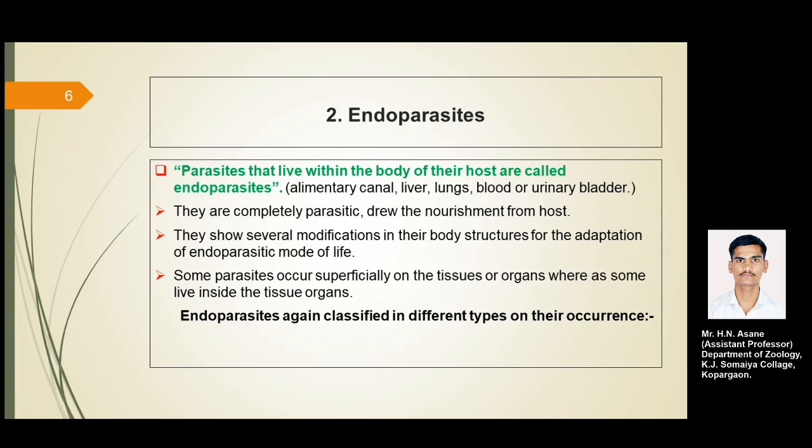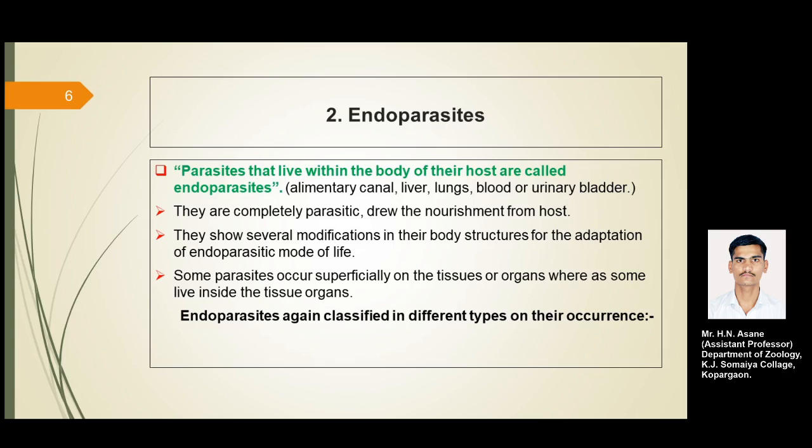So by means of their location, the endoparasites get separately divided into some groups. Endoparasitism leads to several modifications in their body structures for the adaptation to the endoparasitic mode of life.